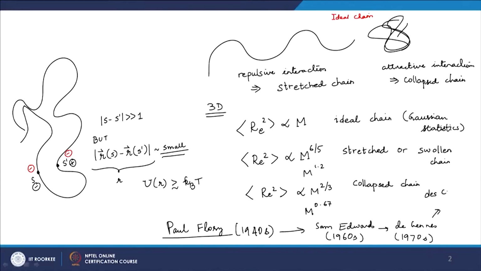They made more elaborate models, and based on that, the latest reference I want to cite is of a French scientist named des Cloizeaux, who did a much more detailed theory compared to what Paul Flory did, but got the same answer that Paul Flory had. That is not the best part of the story.